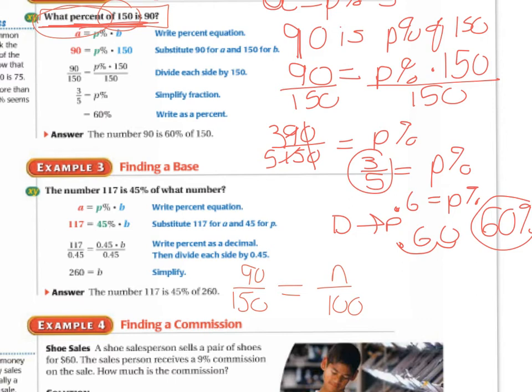And from this point, you would do cross products. 150n equals 90 times 100, and then you would end up dividing by 150. So you'd go 90 times 100, get that answer, divide by 150. And when you do that, you're going to get 60, and it's 60%.